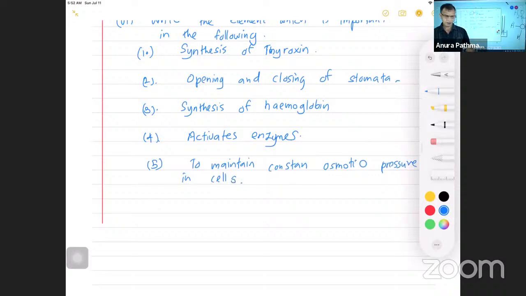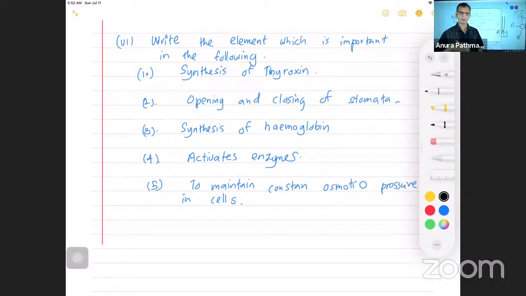The first one, synthesis of thyroxine. The answer? Iodine. Opening and closing of stomata. Potassium.